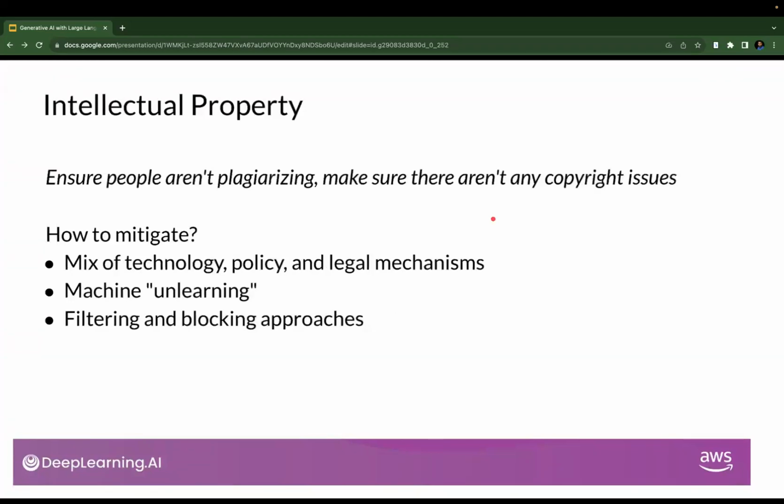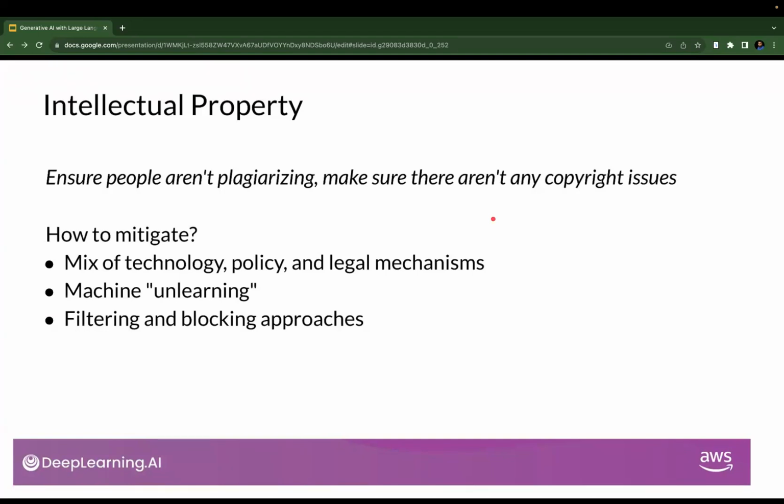It's also quite risky if the LLM discloses intellectual property or internal information about any organization. At the same time, it's equally risky that people can plagiarize or copy the content. In order to mitigate that, there has to be bigger governance where a mix of technology, policy, and legal mechanisms play hand in hand to ensure this is governed.